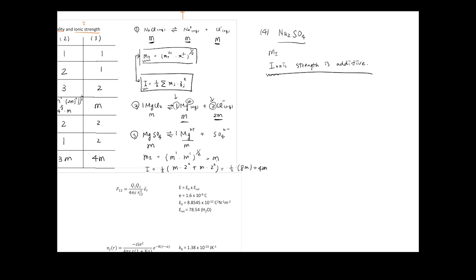What I mean by that is, if I say I have a solution containing 0.1 M of sodium sulfate and 0.2 M magnesium chloride, the ionic strength of the overall solution will simply equal the sum of the ionic strength you estimate for your sodium sulfate solution plus the ionic strength of magnesium chloride. So if that is the question you get asked, first you need to calculate the ionic strength from each individual species, and then you add them up to get the final ionic strength of the solution.